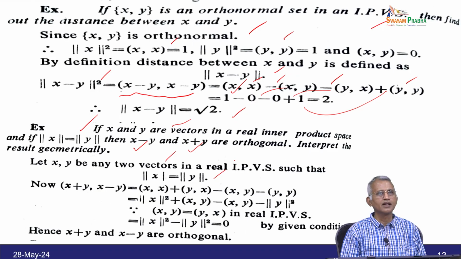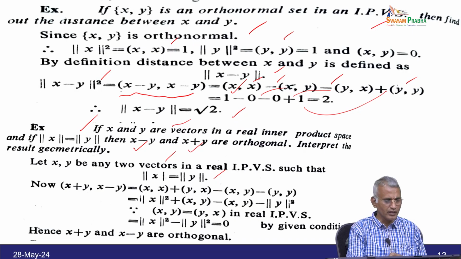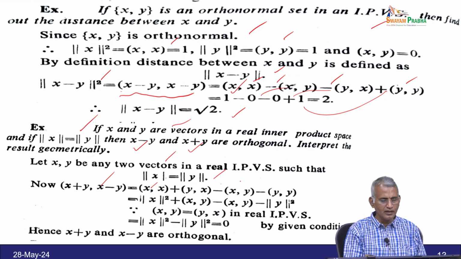Now, let us start with the inner product of x plus y comma x minus y. We have to split it into 4 terms: for the first, x comma x, the second term x comma minus y, the third term y comma x, and the last term y comma minus y.